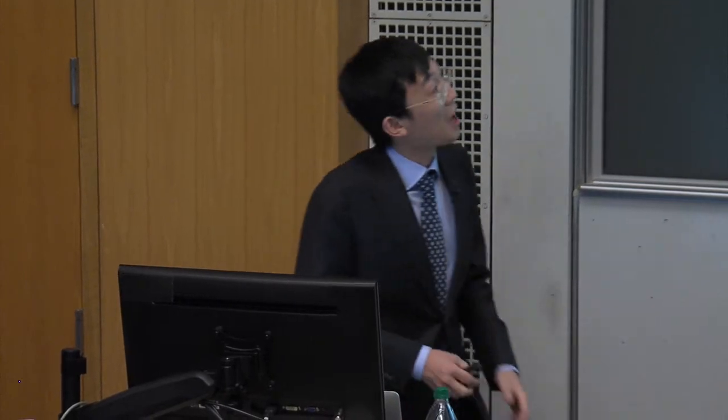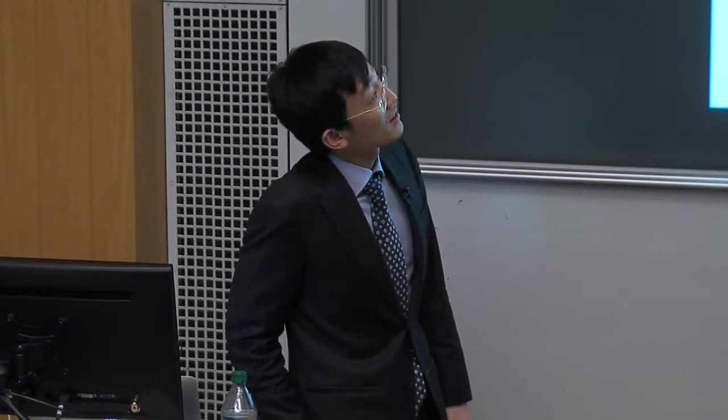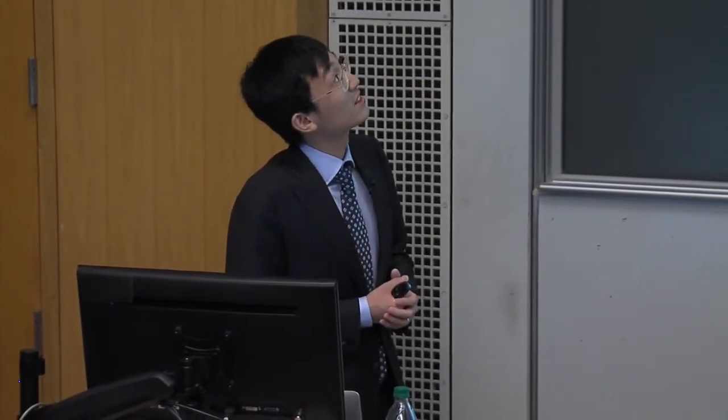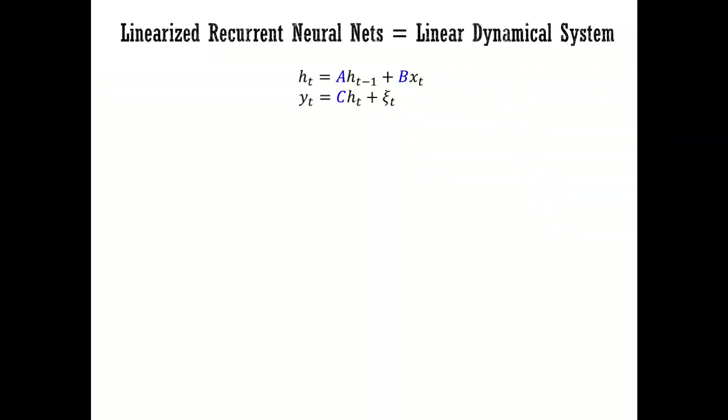So what we are going to do today is only learning linear dynamical systems using stochastic descent, as an initial step towards understanding learning dynamical systems. And this turns out to be also the same as a linearized recurrent net. What I mean is basically we parameterize the state-to-state transition function by linear functions, and the observation model is also linear.